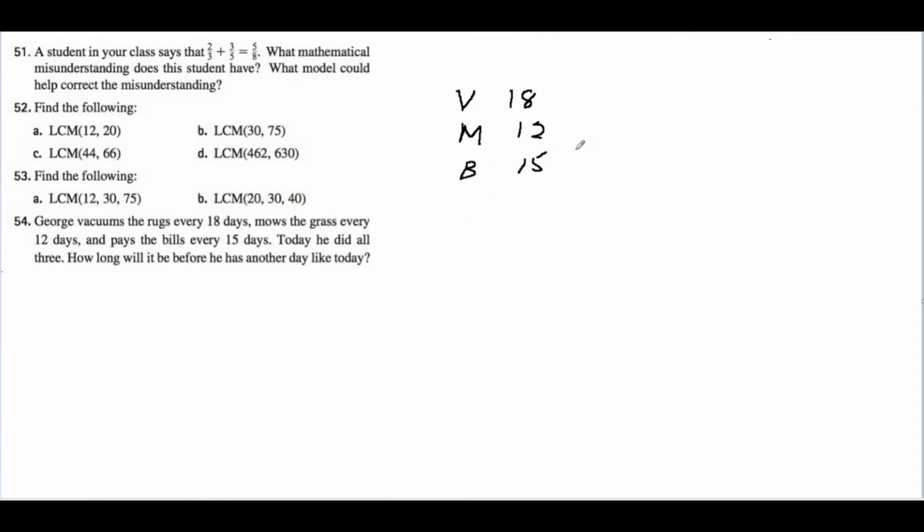And what you're looking at is he did them all today. So he did all 3 today. When will be the next time that he will do all 3? So you start looking at multiples, or again you do the Venn diagram, and we'll look at both.